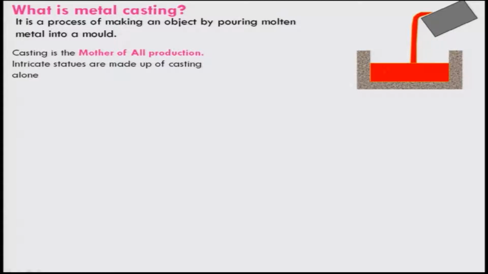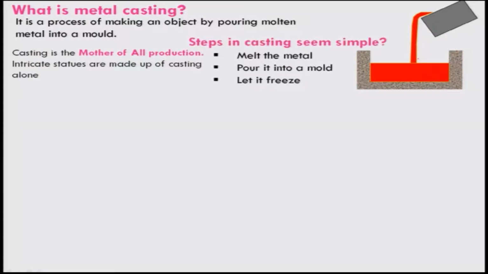This is your mold, and you pour into it, and once you pour, it will start to solidify due to the cooling effects, but it must be done properly, and then of course you will get a product. So, in a simple way one can say that casting has three processes: melt the metal, pour it into a mold, and let it freeze.